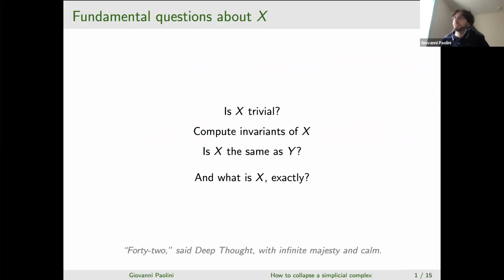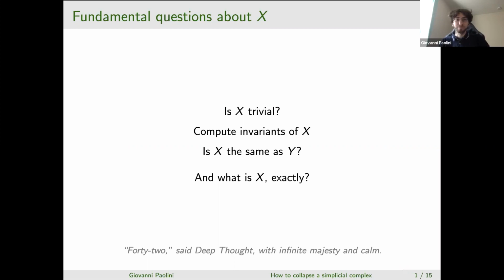Let's get started immediately. So often in mathematics, one has some object X, and they want to answer some questions about X. There are some questions which are fairly typical regardless of the particular field of study that you are working on.